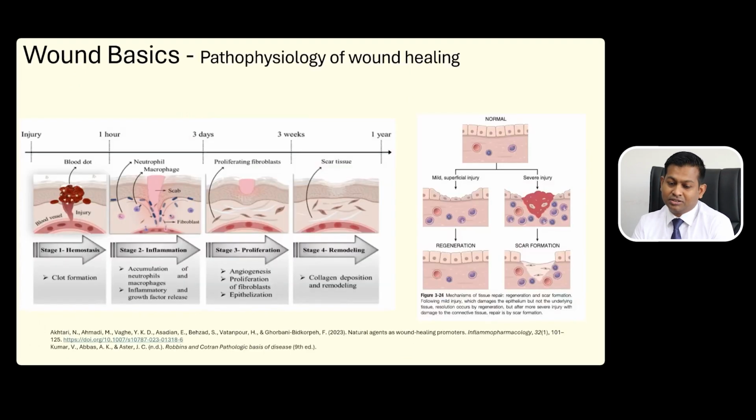Okay, let's go into some theoretical stuff. When there's an injury, what happens in our body? First of all, there's going to be some bleeding resulting in clot formation, that is called hemostasis, and then this goes into the inflammatory process.